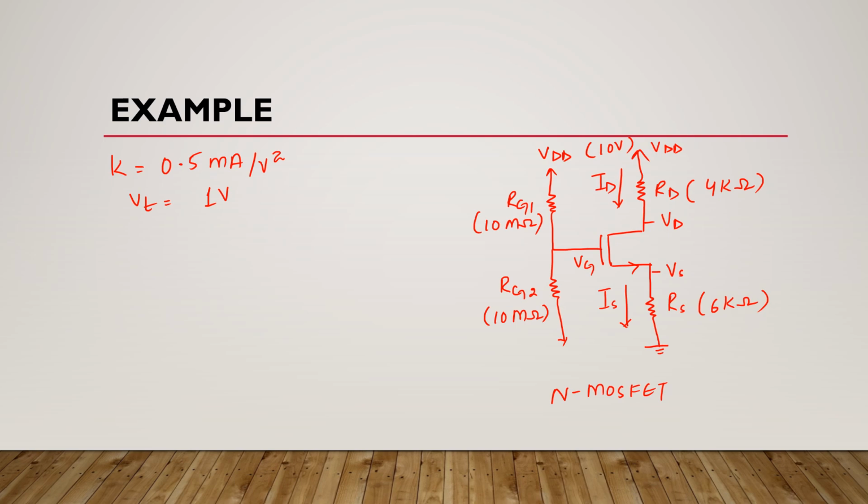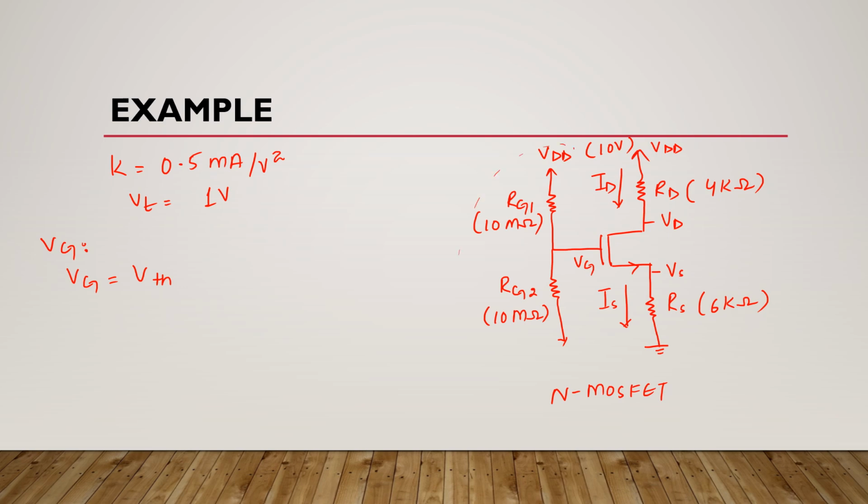Now here first we will find gate voltage VG. Here this gate voltage is equal to this equivalent voltage, and for finding this we will apply voltage divider rule here.